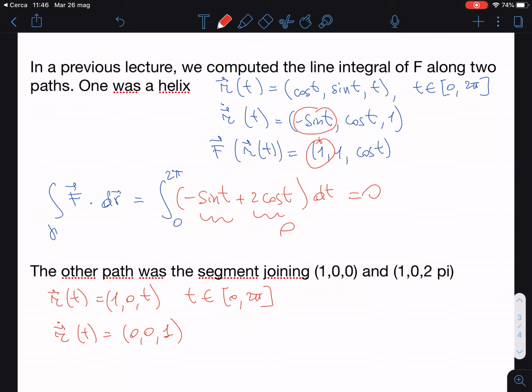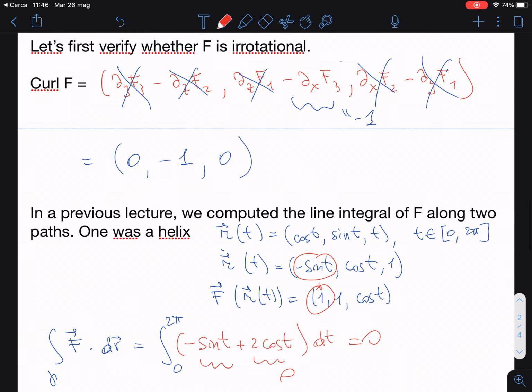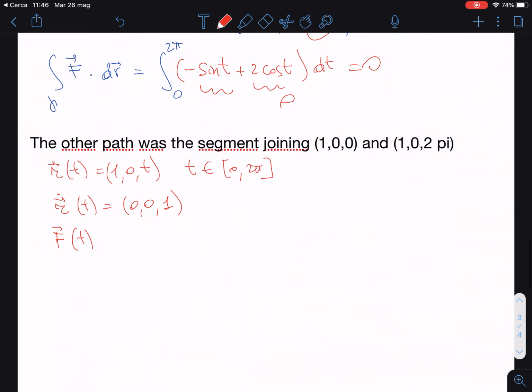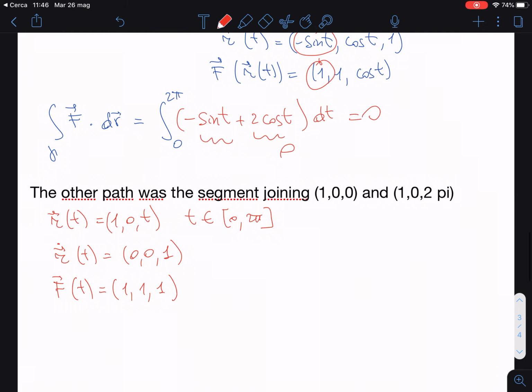And F of t was originally (1, x, ...), so here we have (1, 1, 1). Therefore the integral on this new path, called gamma 2, is equal to the integral from 0 to 2 pi of (1, 1, 1) dot (0, 0, 1) dt.